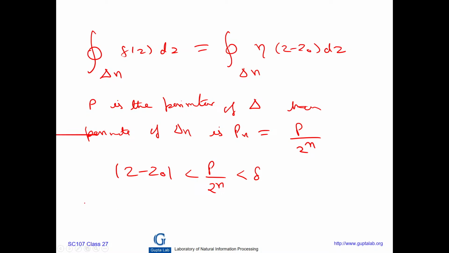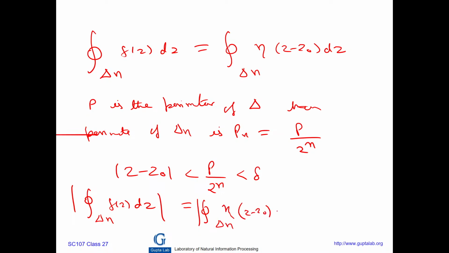Then the whole thing, the integration along delta n of f of z dz, which is the integral over delta n of eta times z minus z0 dz, is less than or equal to epsilon into P divided by 2 raised to power n into P divided by 2 raised to power n, which is equal to epsilon into P square divided by 4 raised to power n, right?